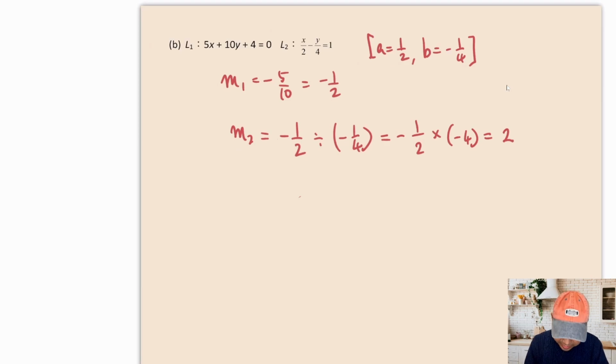Now we see that the product of them is negative 1 over 2 times 2. The result is negative 1. As we just mentioned, if the product of two slopes is equal to negative 1, then these two lines are perpendicular. So we come to the conclusion that L1 is perpendicular to L2.